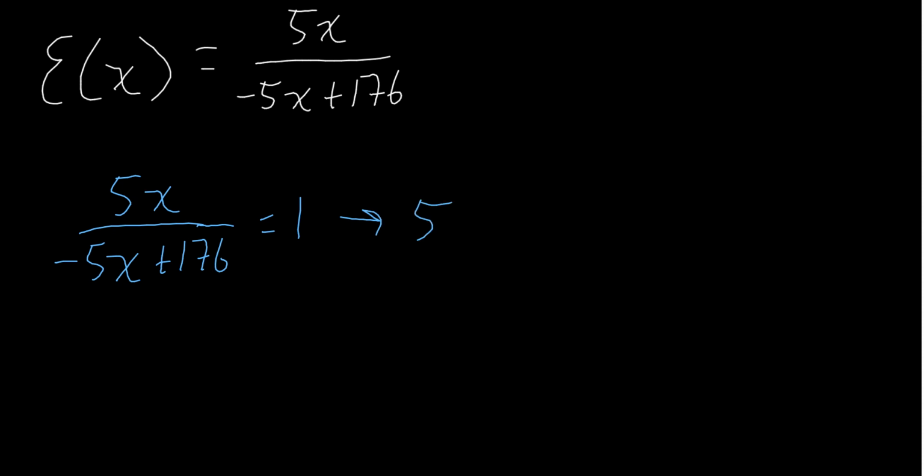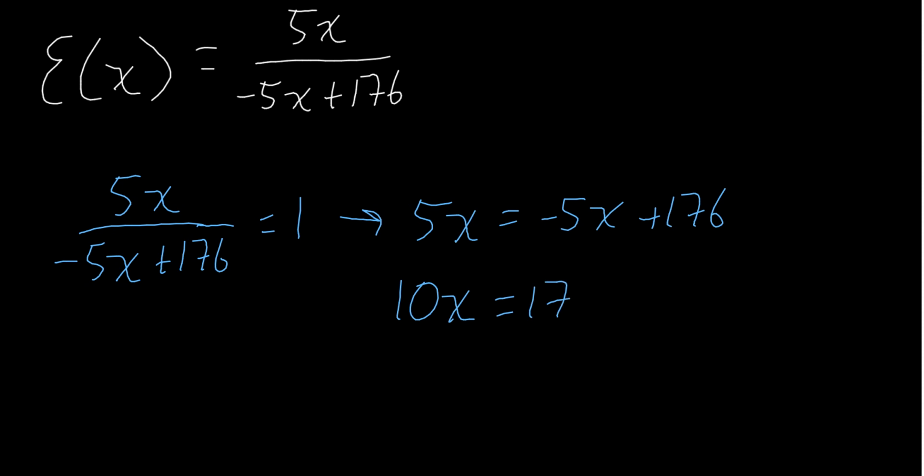So we have 5x is equal to negative 5x plus 176. Okay, we're going to add 5x to both sides. So we're going to have 10x is equal to 176, and we can do this arithmetic pretty easily. So x is equal to 17.6.